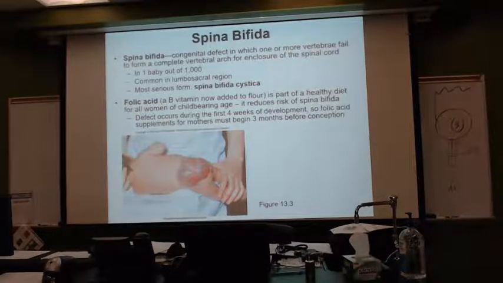So they do advise women who are planning to get pregnant to be sure to start taking vitamin B before they get pregnant, because they have made a connection to this abnormality that can happen, which is very, very difficult for the child being born.